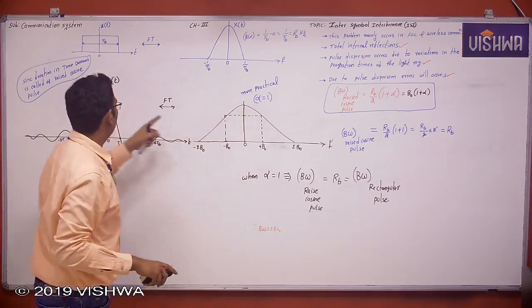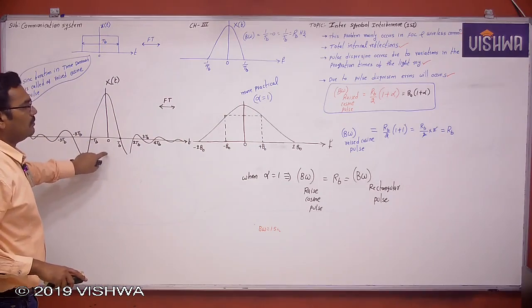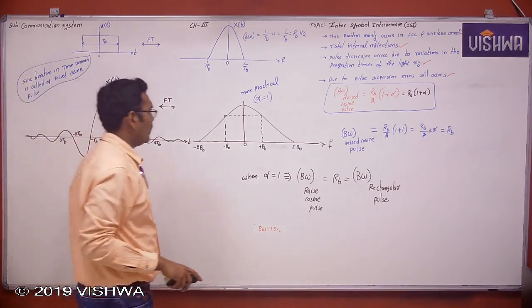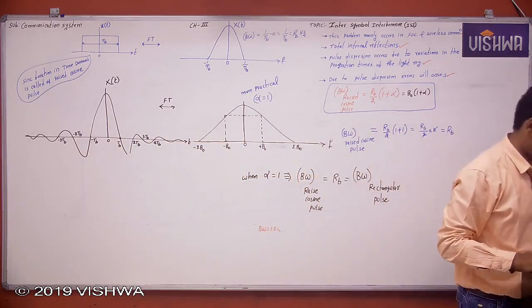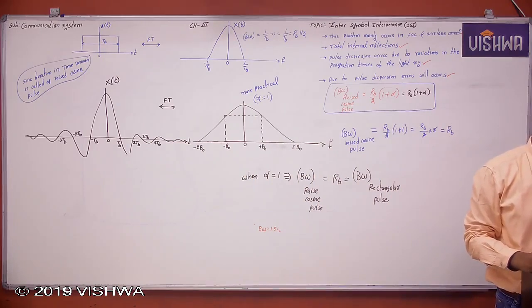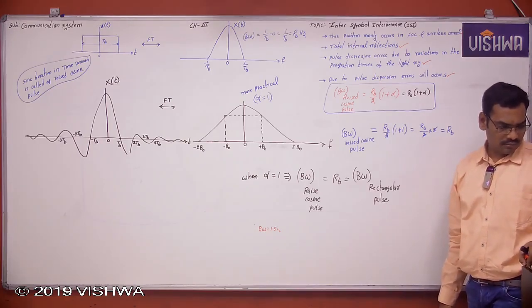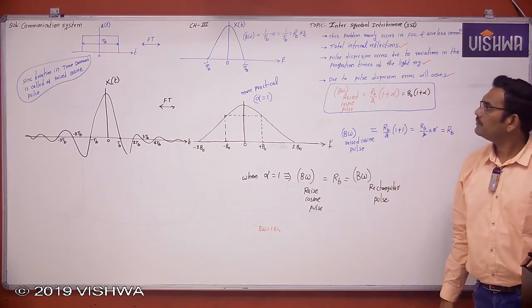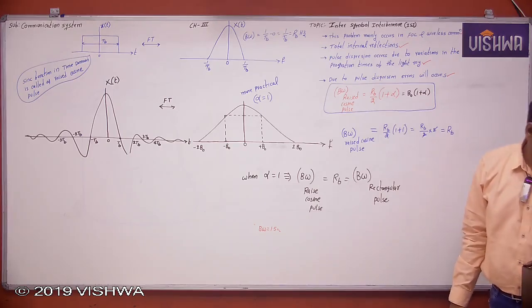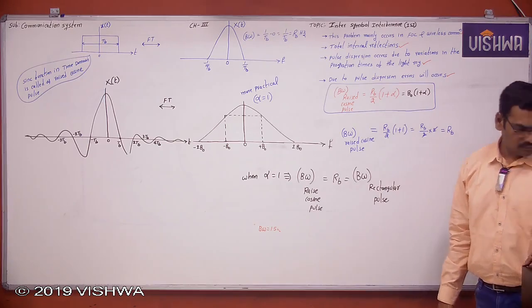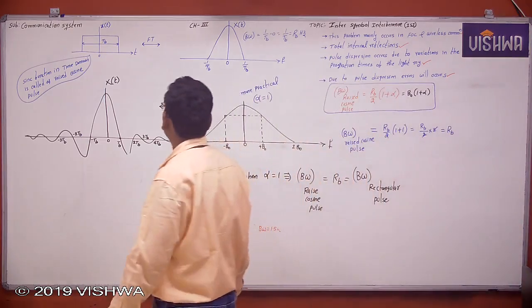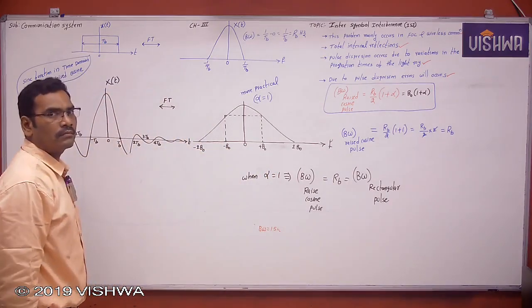When alpha equals 0, the sinc function in the time domain is called raised cosine pulses. Am I right or not? Clear or not? Okay.